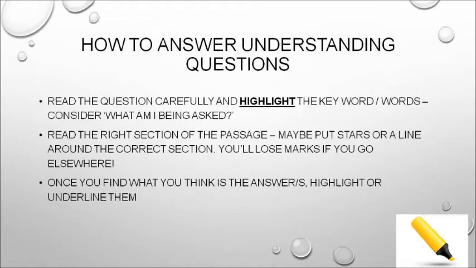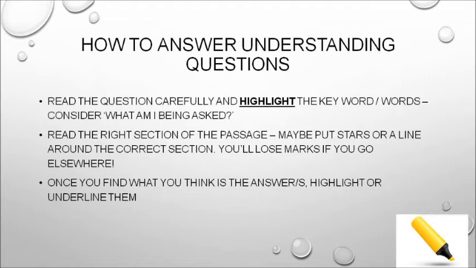Well, you have to read the question carefully first, and then highlight the keyword or the keywords of the question that tell you what you're looking for and what you're being asked to do. Then, like I've said in the video all about highlighting, if you haven't seen it, you should watch it. Read the right section of the passage. So at National 5 and higher, the question will tell you what section to look at and what line numbers to be looking at.